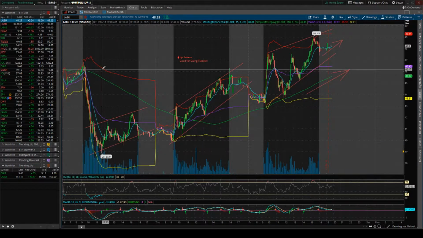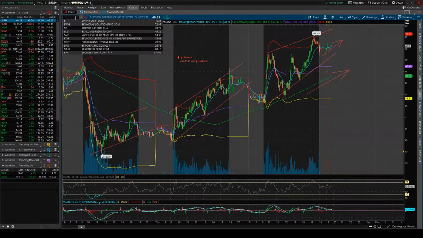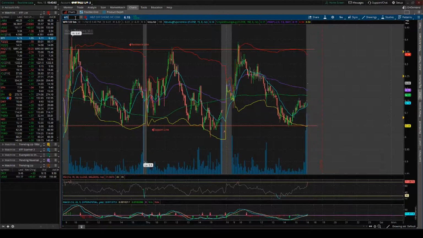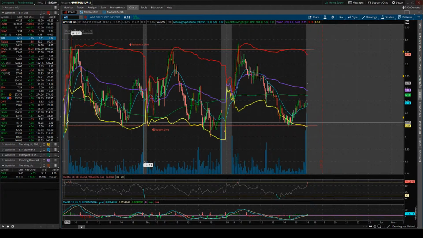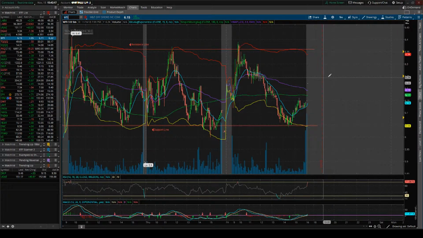Okay, now let's look at another stock. Let's type it in here. WTI. This is a stock that would be very appealing for a day trader. When I look at this, I see that this is what I would call a horizontal pattern. Okay, it's not moving up and it's not moving down.